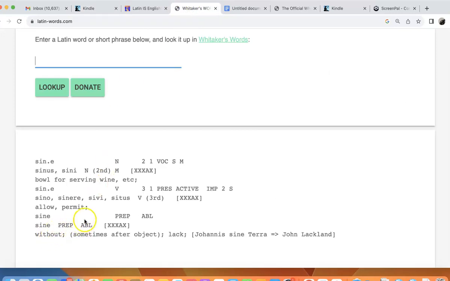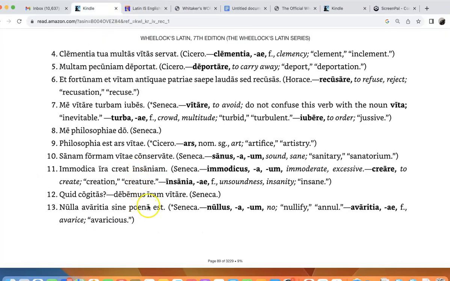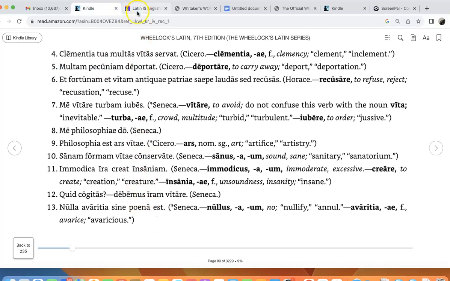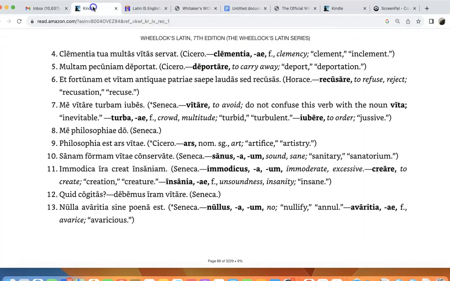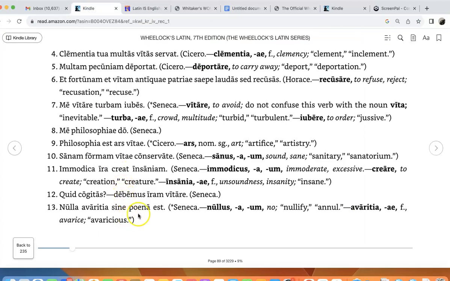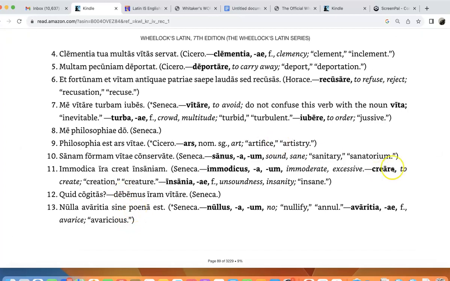So we look at the example here, a with the macron is in the ablative. So when we see prepositions, oftentimes they're in the ablative, so keep that in mind. So without punishment. Poena can also mean penalty. Indeed, our word penalty, impunity, comes from the Latin.